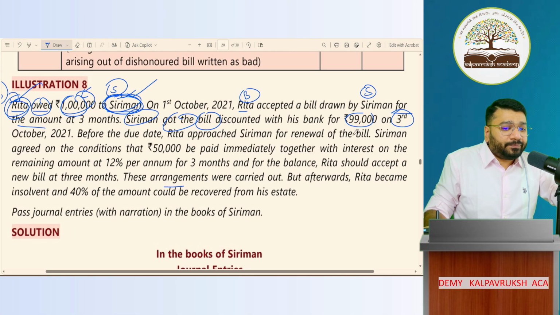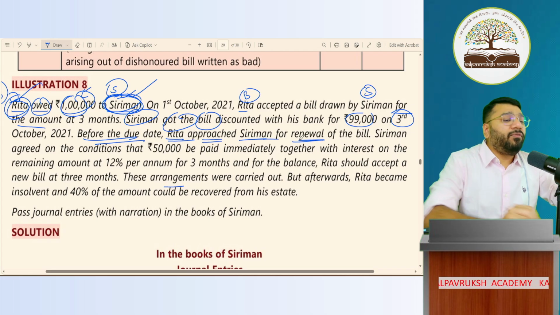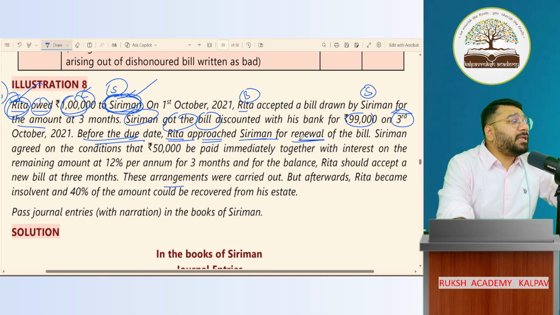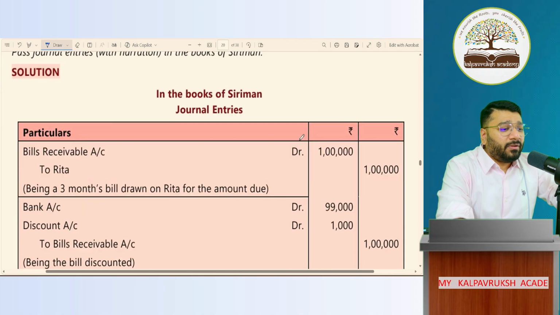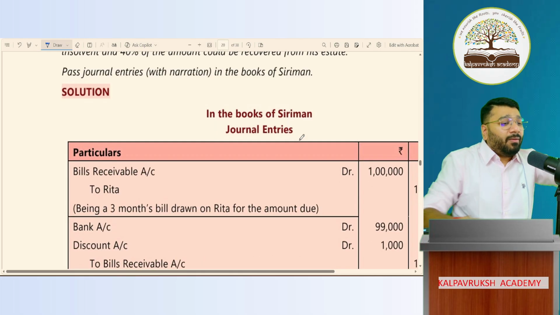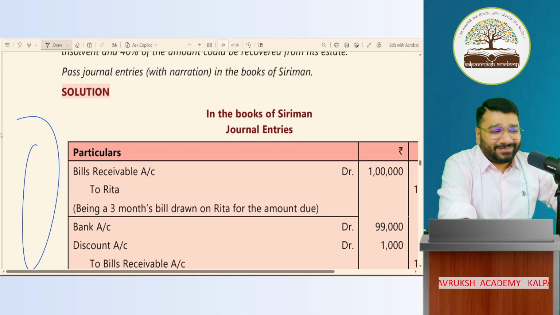Then what is happening? Before the due date, Rita approached Siriman for renewal of the bill. Will the bill be cancelled before the due date or on the due date? Before the due date. What is the date? Not mentioned. The date column is not mentioned here.